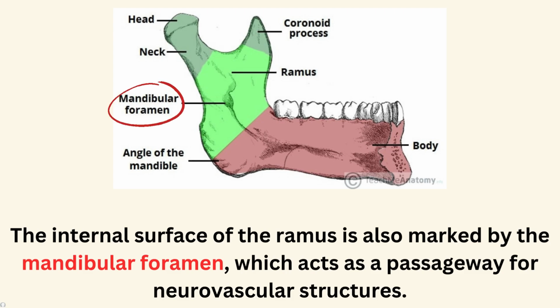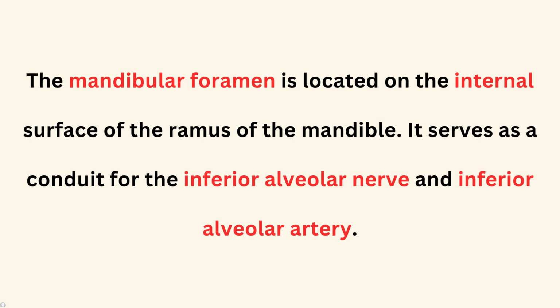Now, the internal surface of the rami is also marked by the mandibular foramen, as you can see in the picture. From its name, foramen, it is open. Open to what? It acts as a passageway for the neurovascular structures. The mandibular foramen is located on the internal surface of the rami of the mandible, inside.